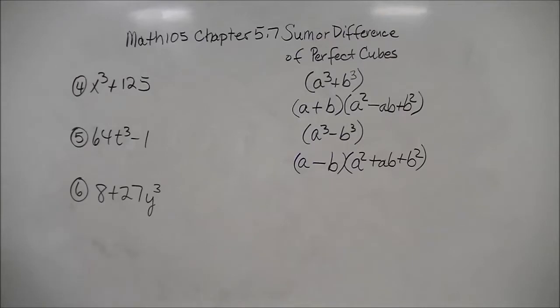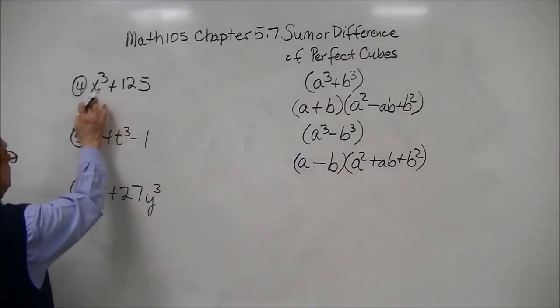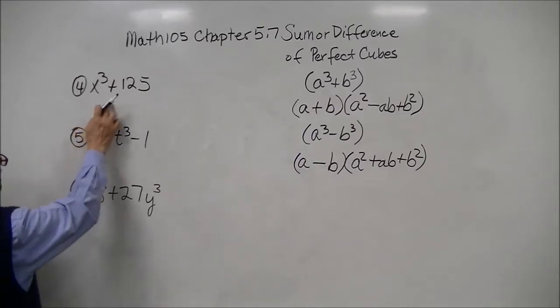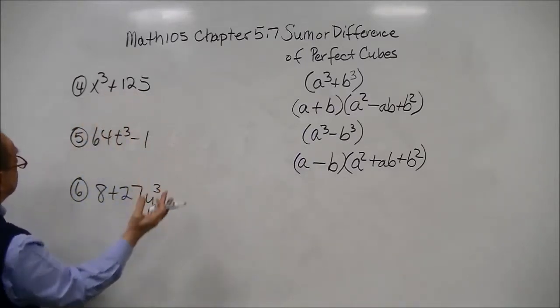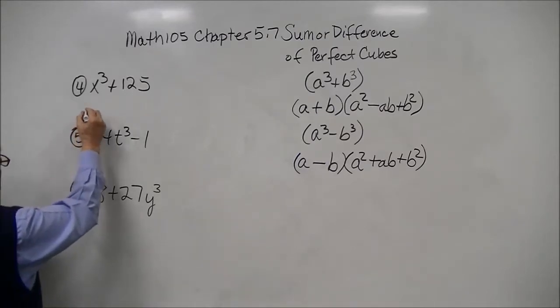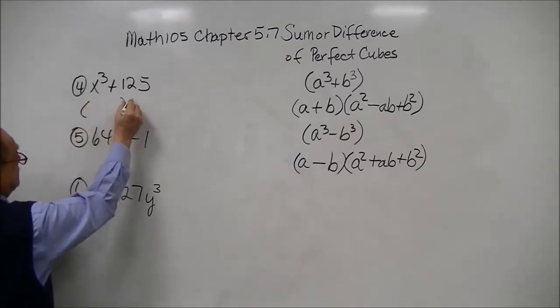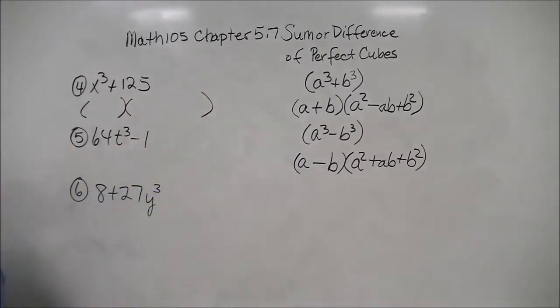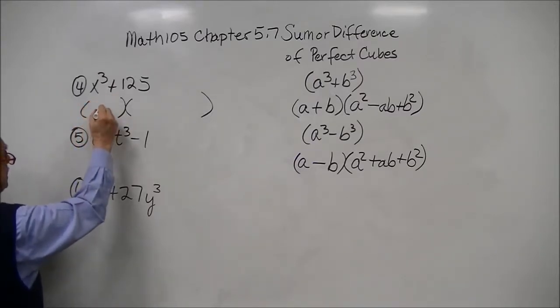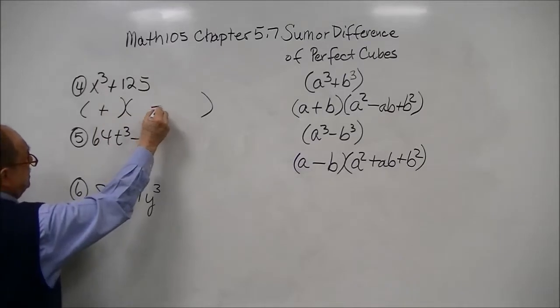Now it takes a little while to master that, but let's use it now in doing this. So we see we have the sum of perfect cubes, and there's no common factor that we could factor out. We have to always remember that. We're going to put a parenthesis for two terms and a parenthesis for three terms. First thing we do is put a plus there, and then opposite sign there.